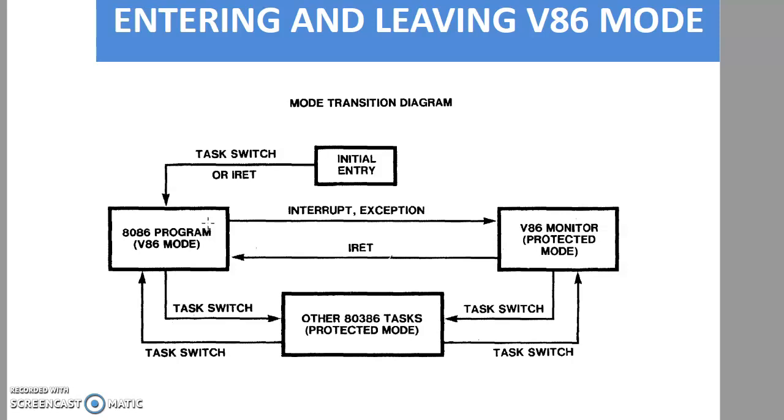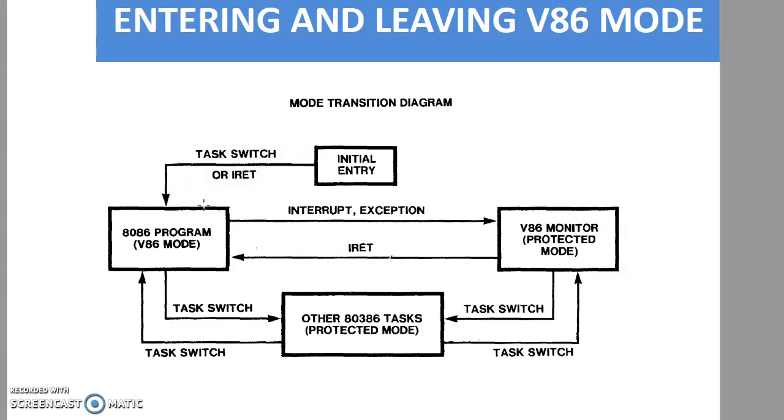It reaches virtual 86 mode after a task switch or interrupt return is executed and the VM bit of the E flag is set to 1. Then it enters virtual 86 mode and executes the 8086 program. Obviously this should be from protected mode, as it can enter virtual 86 mode only from protected mode.